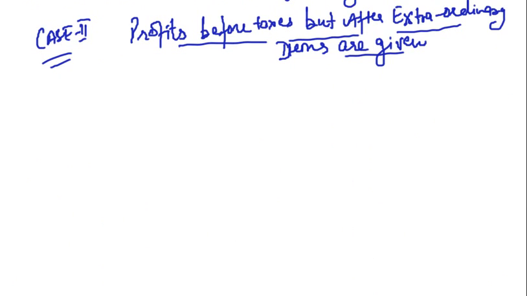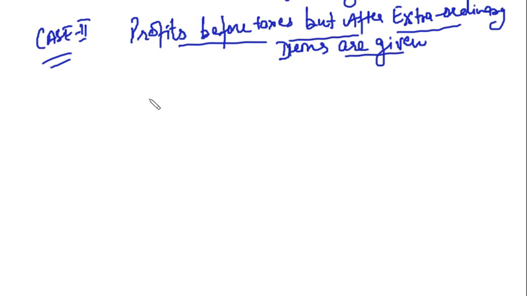If we have the profits, that means they will be after the extraordinary items only, because we have the profits from the profit and loss account, and I told you that extraordinary items will be given in the profit and loss account only. If that is an expense, we will show it on the debit side, and if that is an income, we will show it on the credit side, right?